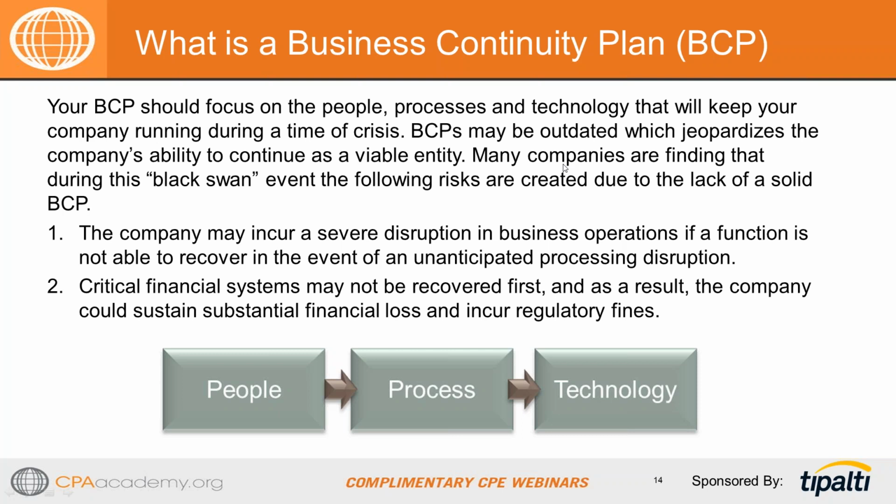because of COVID-19, and we're either not going to be issuing payments to suppliers until things settle down because everything is manual. And critical financial systems may not be recovered first, and the company could face regulatory fines.